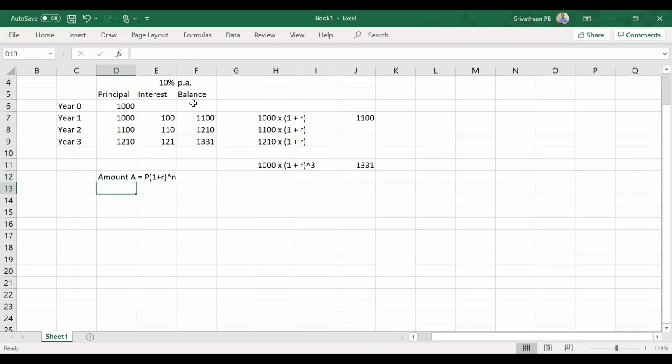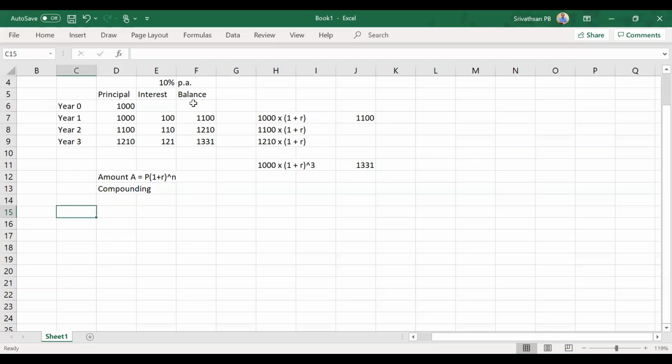This is called compounding, charging interest on interest every time. So you have 10% interest, and this 10% is not simply applied on the principal but also on the accumulated interest.